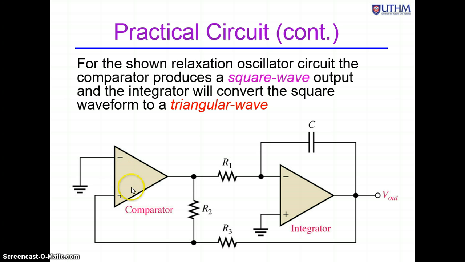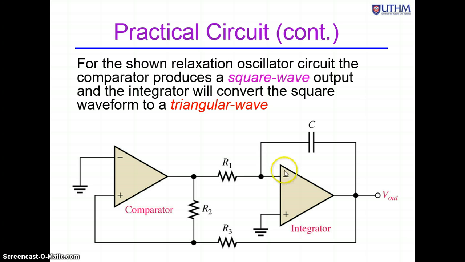Since this is a comparator, you are comparing this node with 0, because this is connected to ground. The output of a comparator is a square wave. So in this practical circuit you actually have two waveforms produced. This output is a square wave, and after the integrator it is a triangular wave.